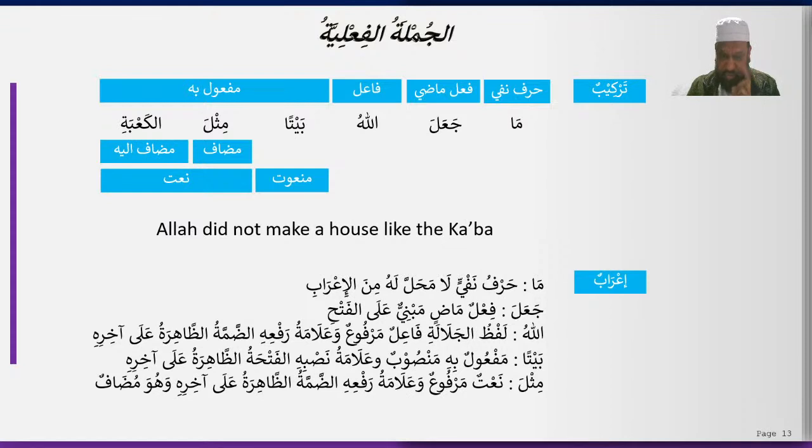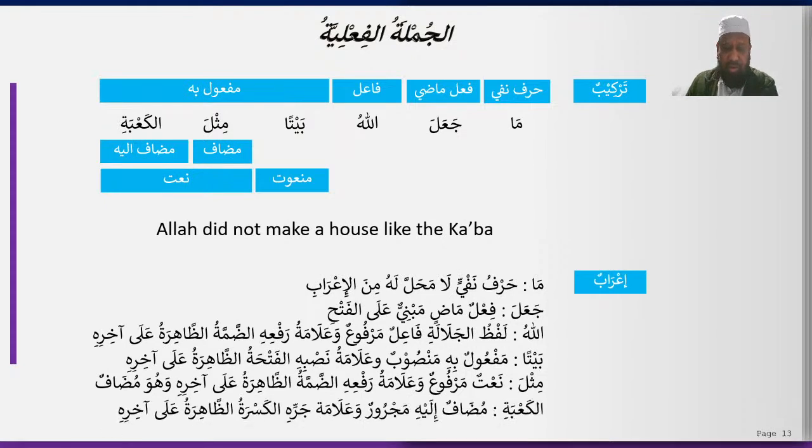Why is it na't? It's coming after اسم نكرة. مثل نعت مرفوع وعلامة رفعه الضمة الظاهرة على آخره وهو مضاف. الكعبة مضاف إليه مجرور وعلامة جره الكسرة الظاهرة على آخره.